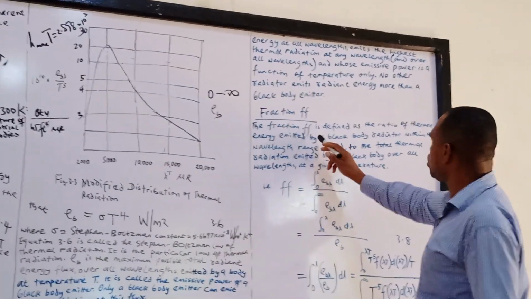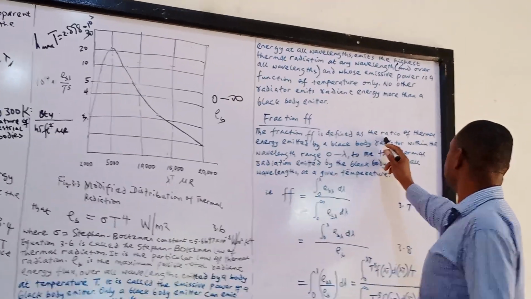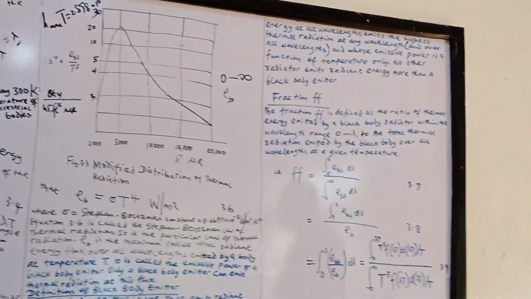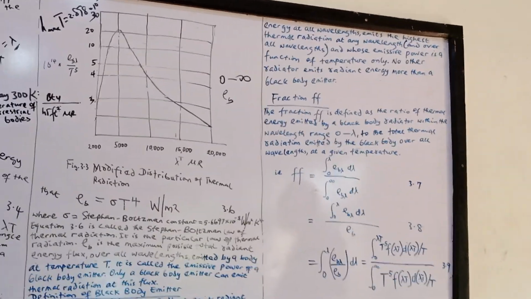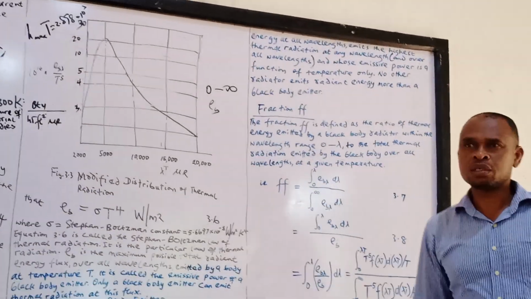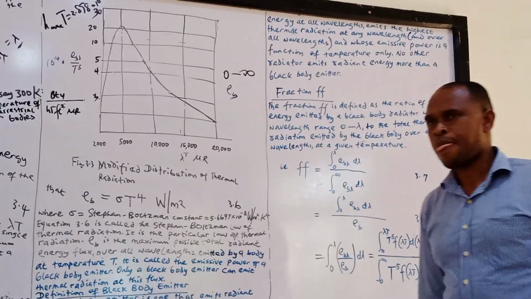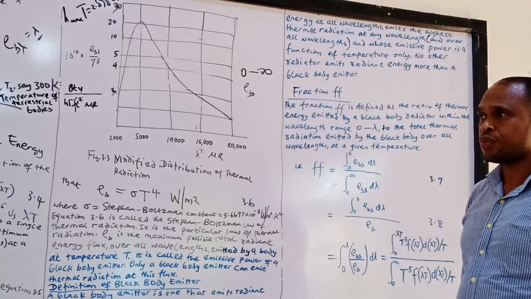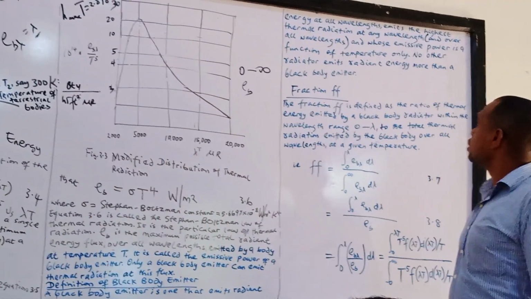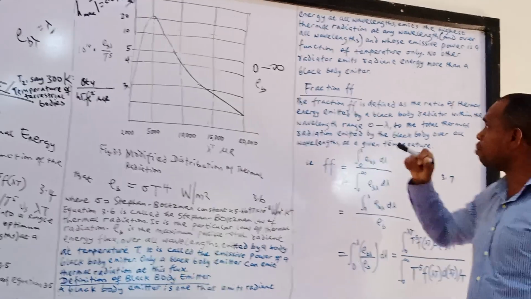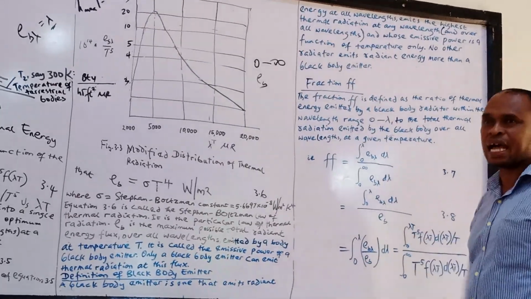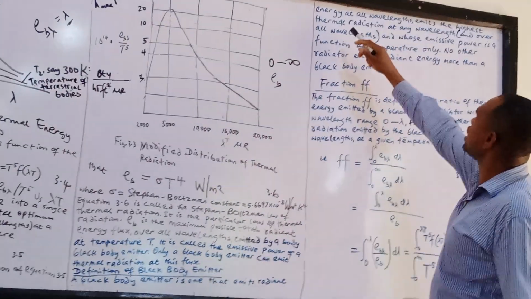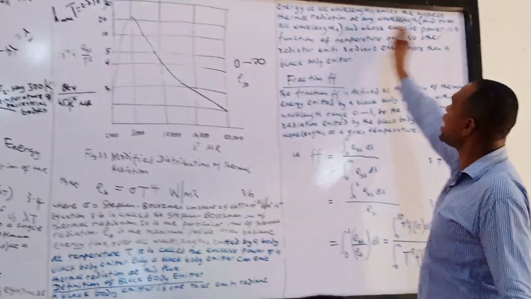So a black body is like something ideal. From this definition, black body radiation doesn't mean it is going to be a black stuff. From this definition, it says a black body is an ideal emitter, and an ideal emitter is an emitter that emits the highest thermal radiation.